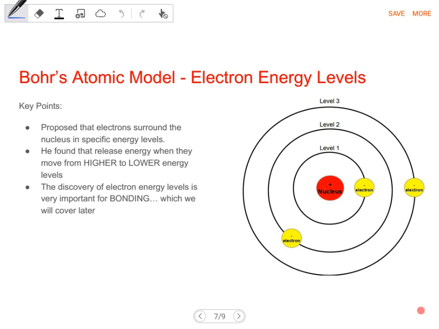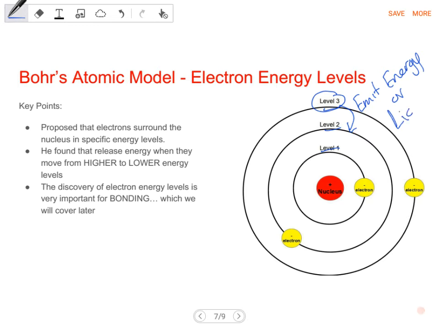Now this is extremely important. This is Bohr's atomic model. He proposed that electrons surround the nucleus in specific energy levels. So you have level 1, level 2, level 3. He found that, let's say an electron was in level 3 and it drops down to level 2, it will emit energy or light.